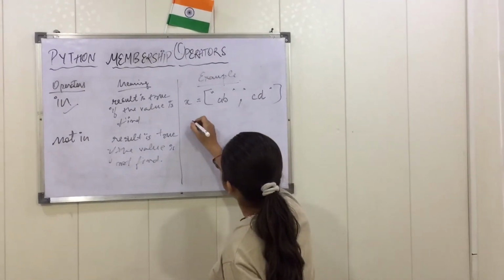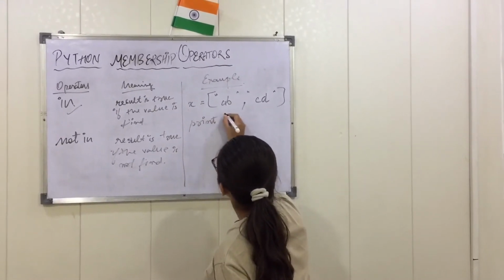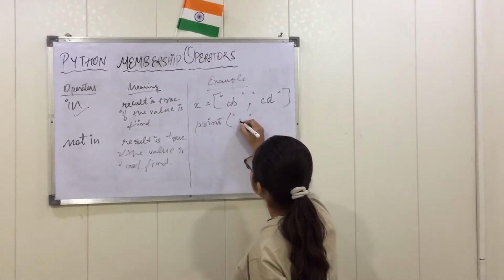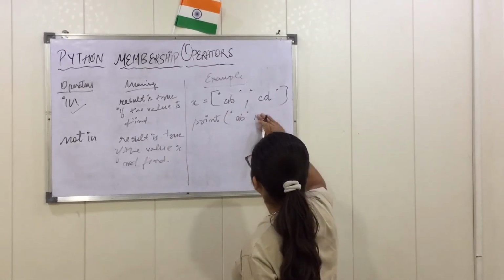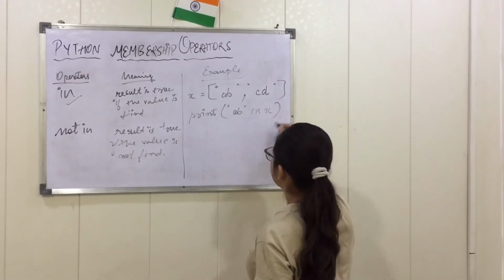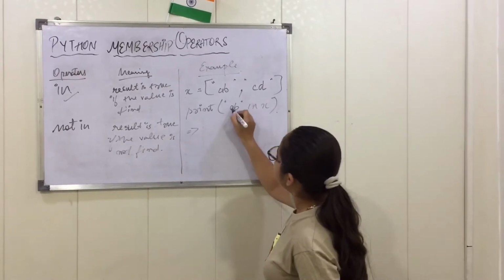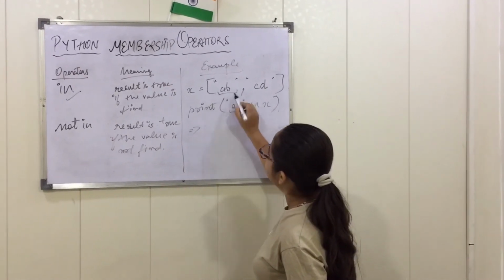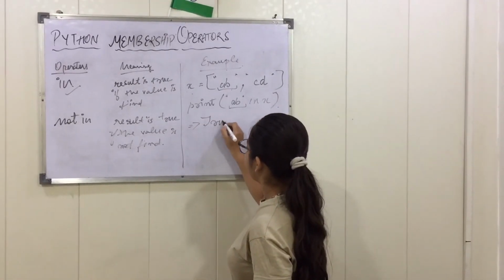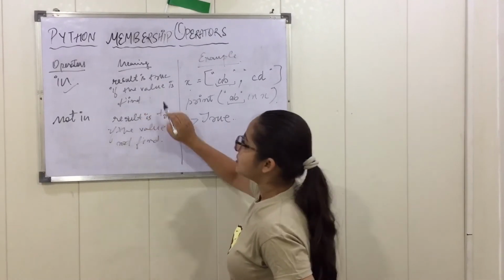So I'll use print, asking if my value AB is in X or not. The value AB is present in X, so the answer is true. This is the first example of the in membership operator.